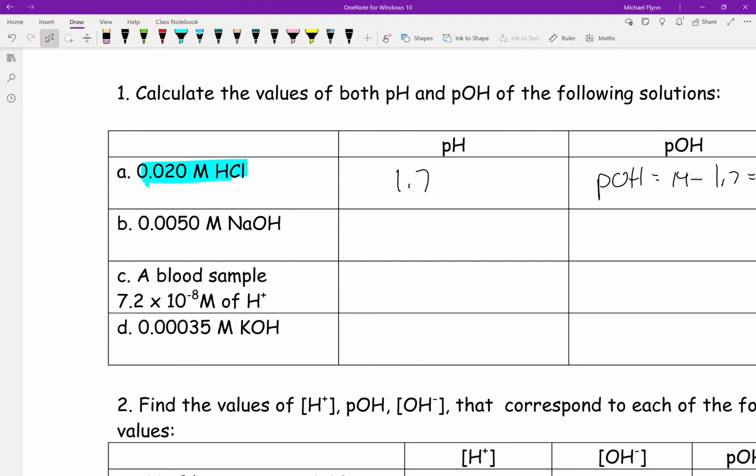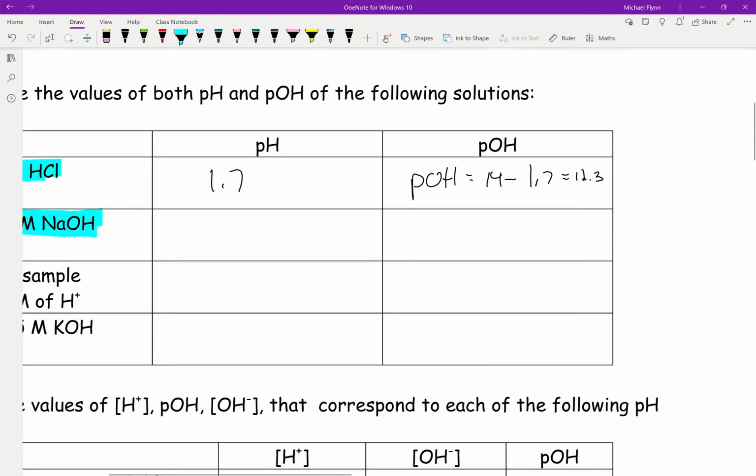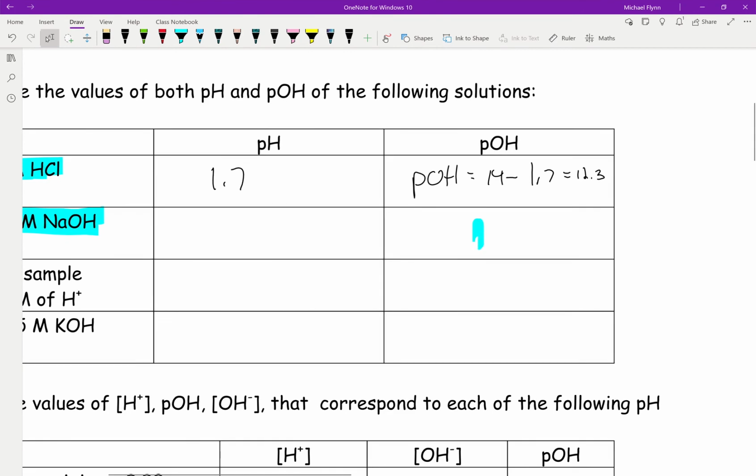All right, now look at this. The next one is a base. How do we know it's a base? Because it's sodium hydroxide. Hydroxide is a base. So that number 0.005 is going to tell us the pOH. I put 0.005, then I press log, and it says negative 2.3. So I'm going to write positive 2.3 because it's a negative scale, right?